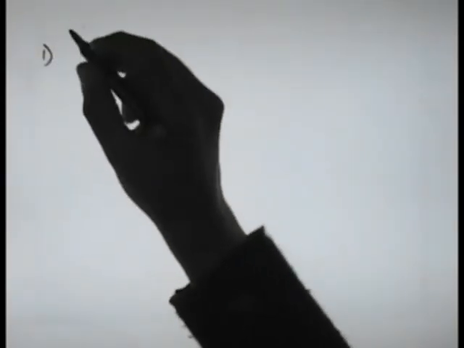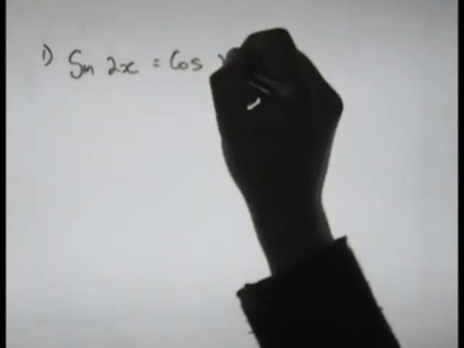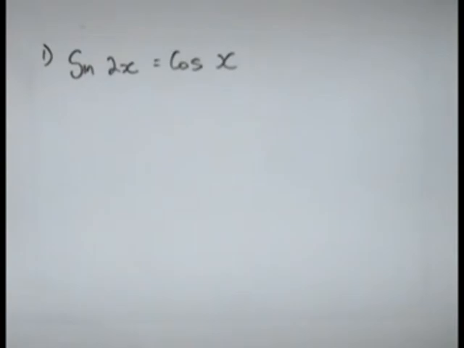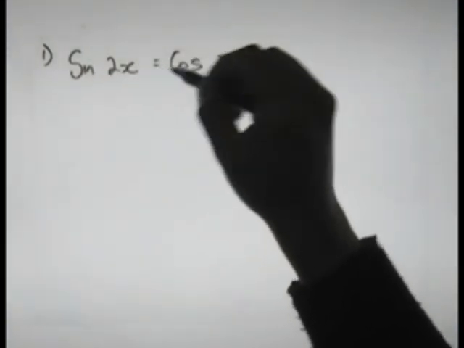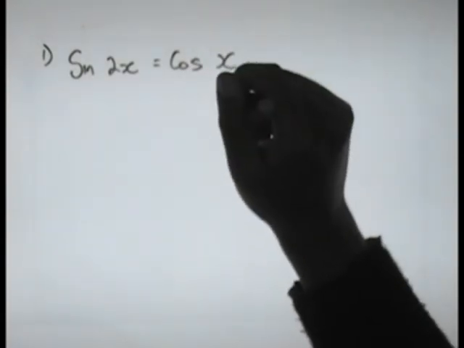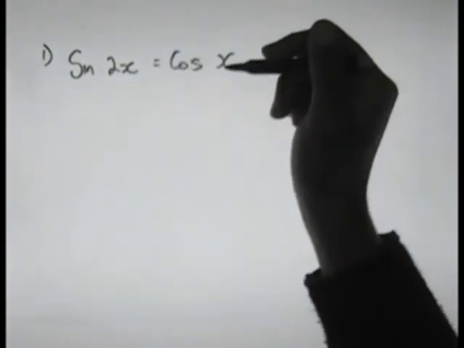The first one I gave you to do read sine of 2x is equal to cos of x. The problem with this is, in order to try and get rid of any of the functions sine or cos, they need to be the same function.